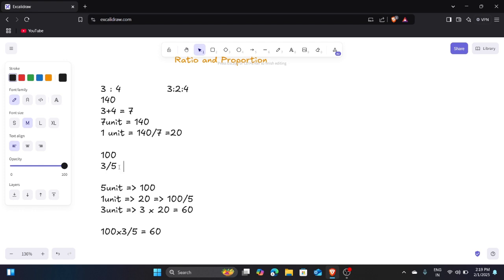If 3 by 5 you get, then the remaining is how much? If 5 represents the total marks, 100, then 5 minus 3 represents the marks that you did not get, because 3 is the marks you got. This is the meaning of fraction. So 5 minus 3 divided by 5 is the marks you did not get.